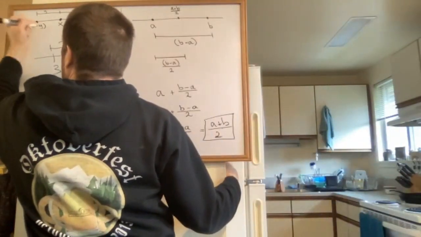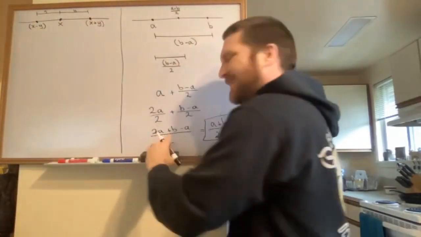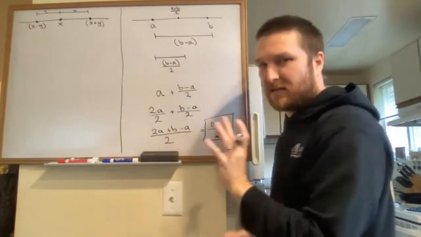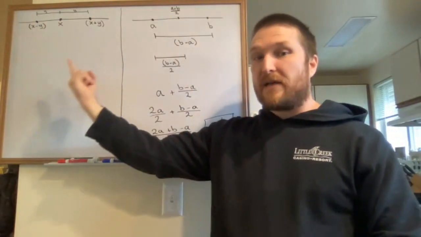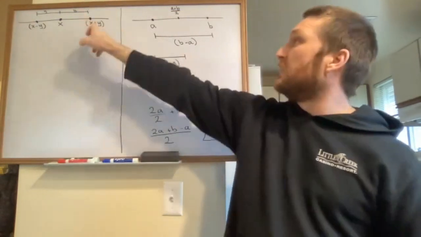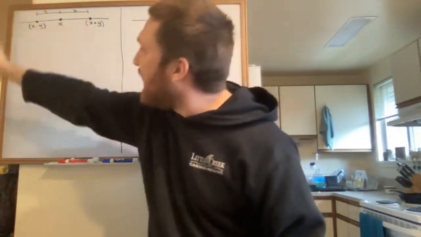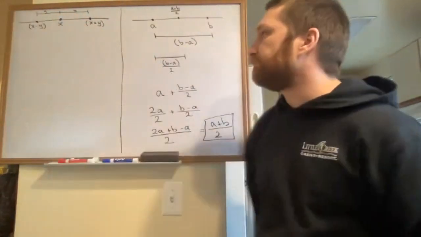It sounds weird when I'm asking it, but I just want to make sure that we're on the same page. We're at some point, and I tell you to go y units this way, and you end up at x plus y. And then you go x minus y, and I claim that that is the midpoint right there.